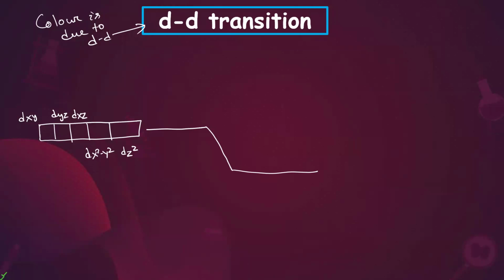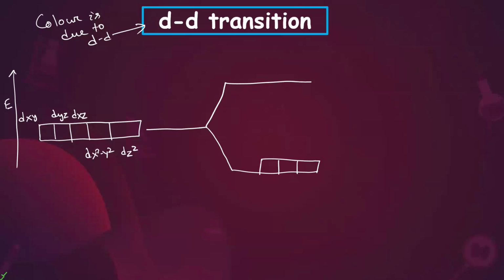Now remember how they split. This is your energy axis. We'll get details of this picture in coordination chemistry also, but just remember for now: on the lower side there will be three orbitals.